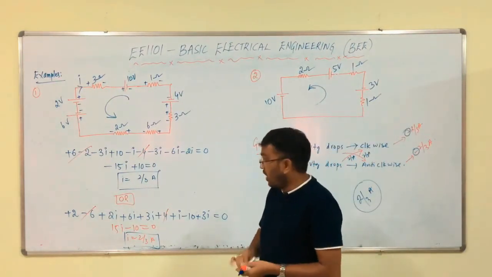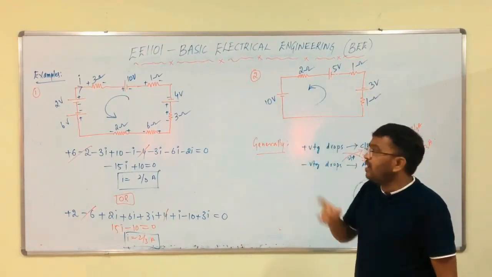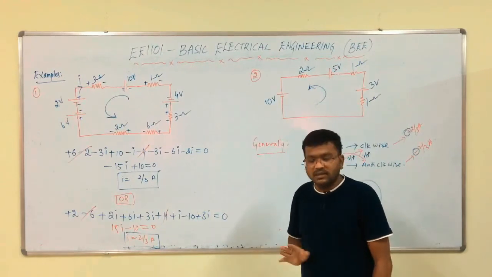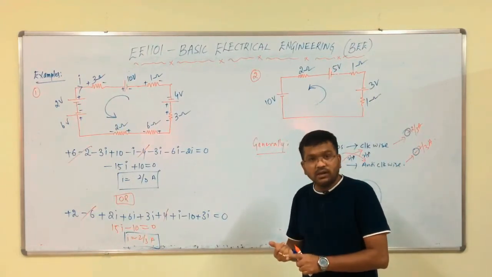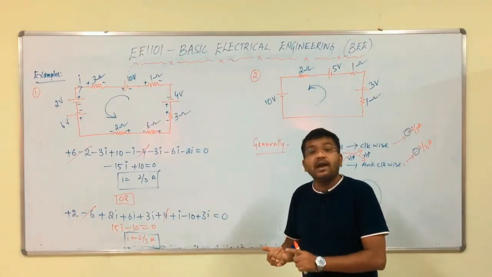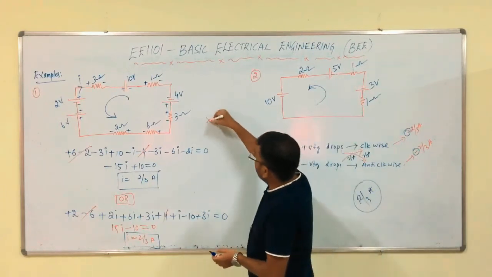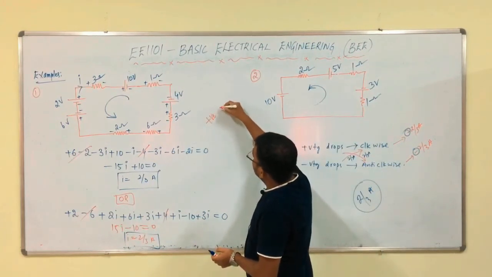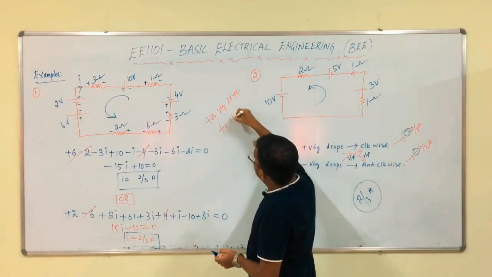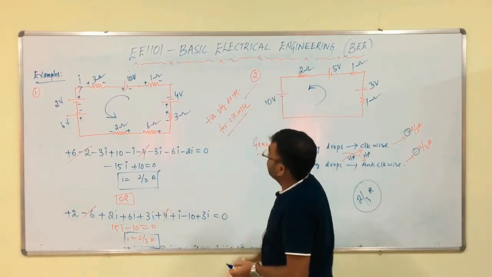So, like this we have to solve the problem using KVL. Simple: consider clockwise direction and solve the problem. Consider clockwise direction with positive voltage drops in every circuit if the examiner did not mention any direction. Clear?